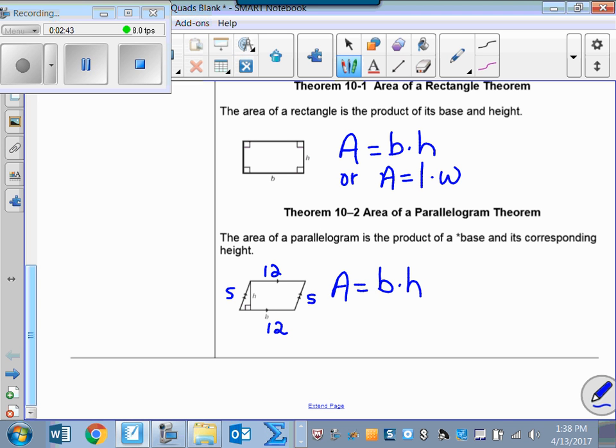I could use the 5 as my base, but then I would have to find the height that's perpendicular to that base. So let's see, how would I do that? That's not really something I would want to do. So I've got the height in here. I have to find that height. And how do I go about doing that? Well, we'll see right here in a second with an example. So rectangle and parallelogram, areas are base times height.